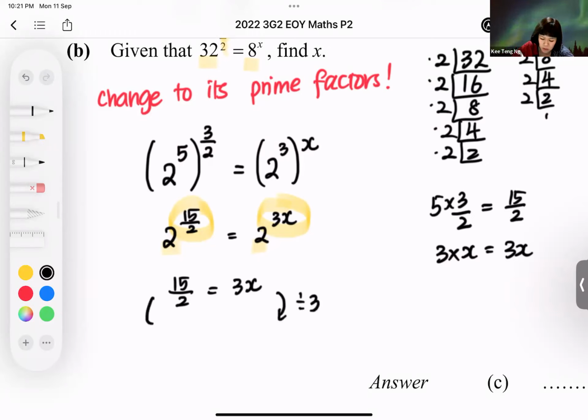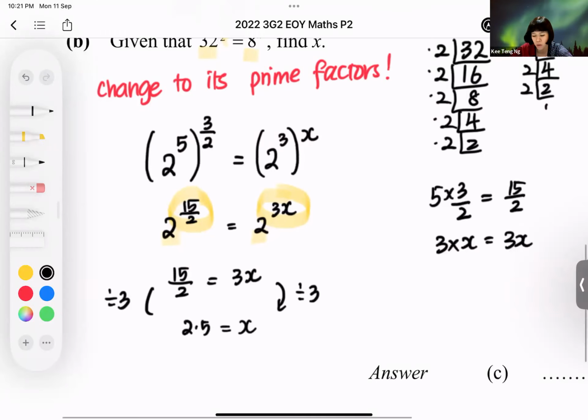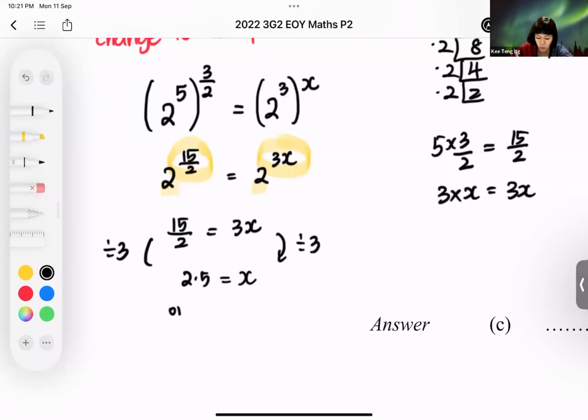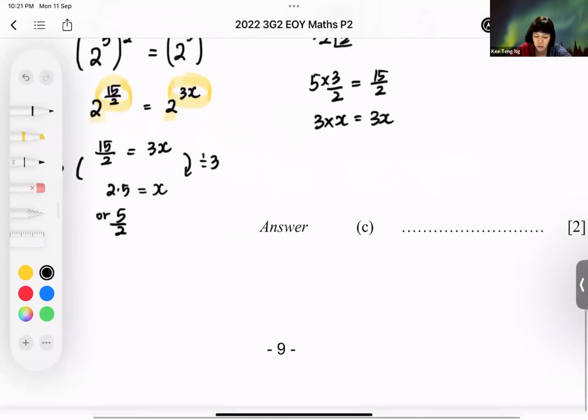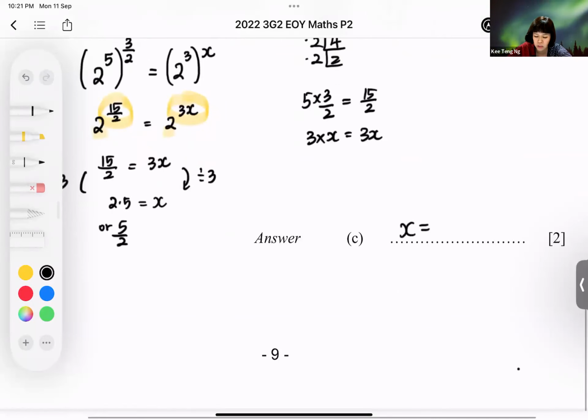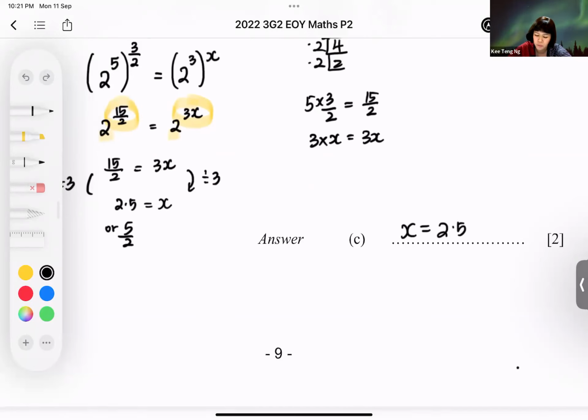I'm going to take this whole thing, divide by 3. 15 over 2 divided by 3 gives me 2.5 for the value of x. So you can write x as 2.5 or 5 over 2. Both can. So x will be equal to 2.5.